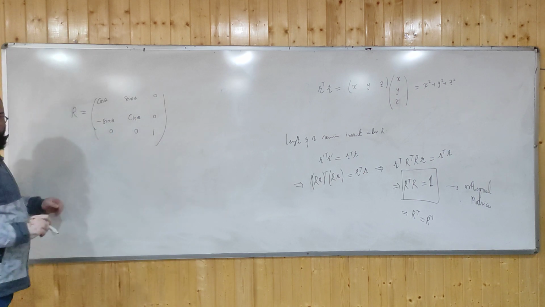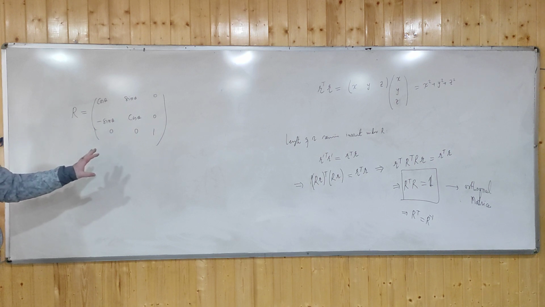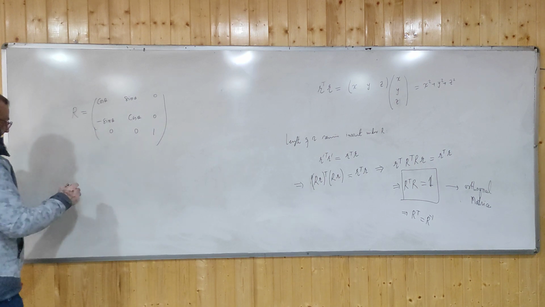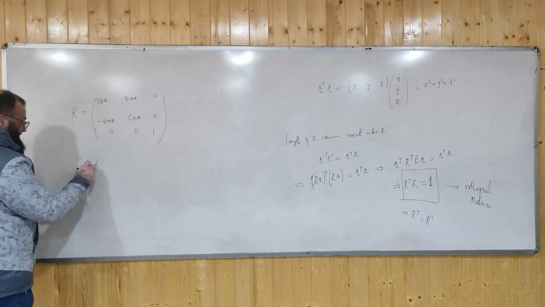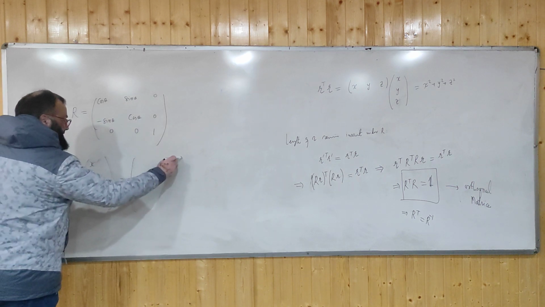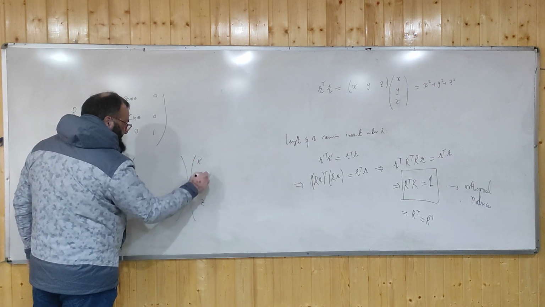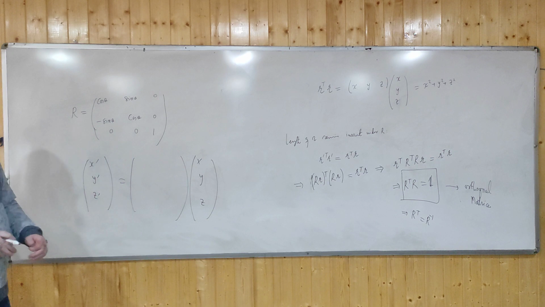It is the same thing: you have x prime, y prime, z prime. When you rotate in 3 dimensions, you get this matrix multiplied by x, y, z. The same thing as the diagram I showed earlier.